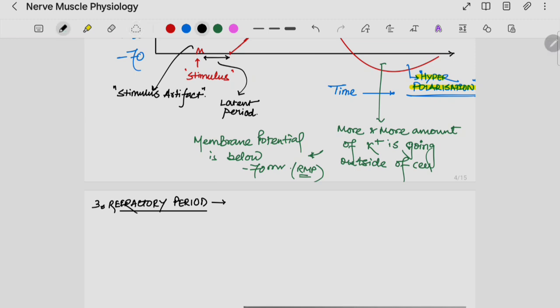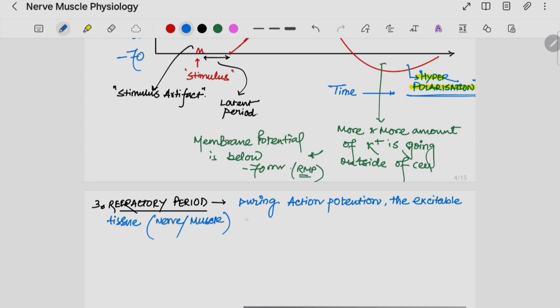So we write the definition: during action potential, the excitable cell or excitable tissue, whether nerve or muscle, shows diminished responsiveness.